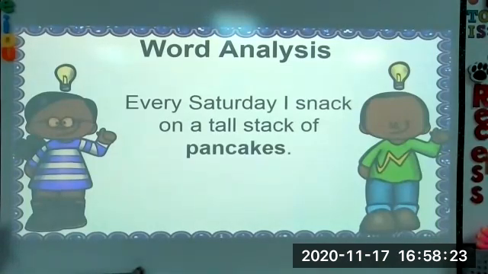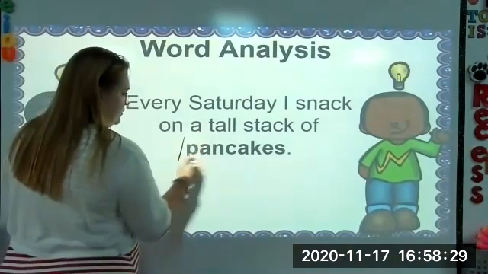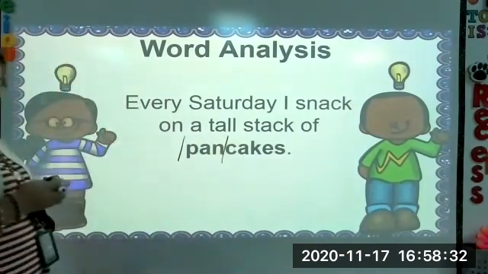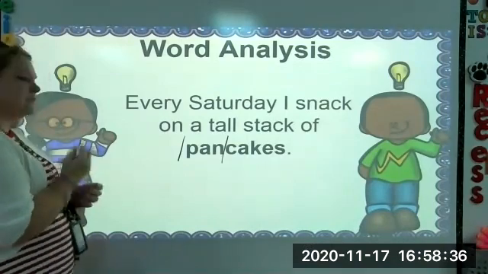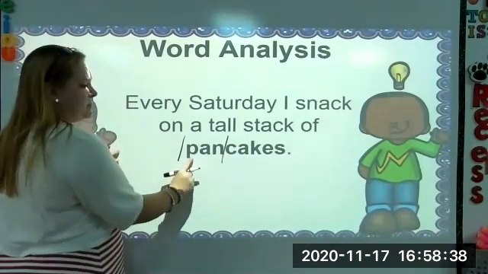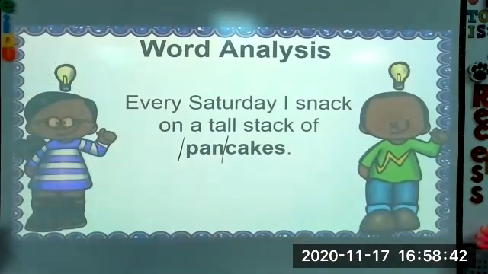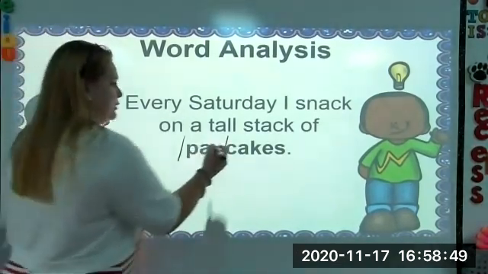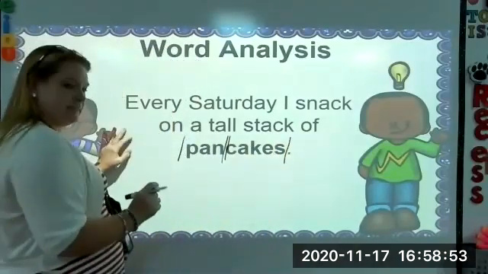Good. How many sounds do you hear in the first syllable? So if our first syllable is pan, how many sounds do you hear in that? We have 3. We hear all 3 letters of that first syllable. How many sounds do you hear in the second syllable, cakes?